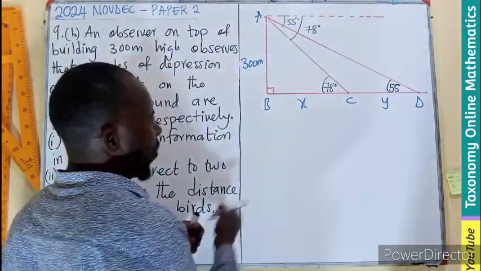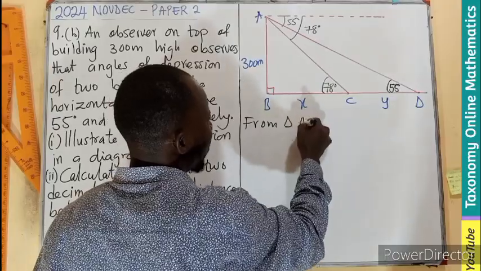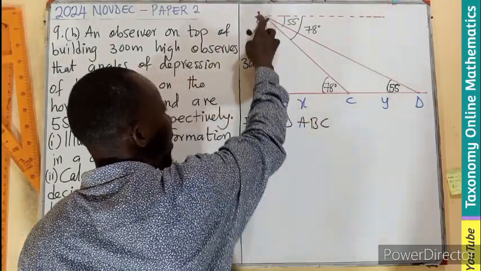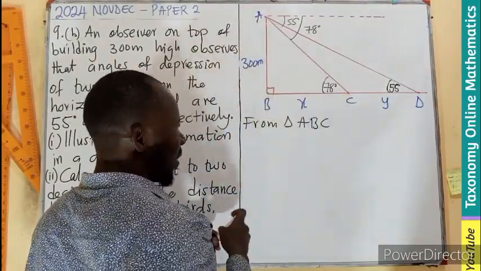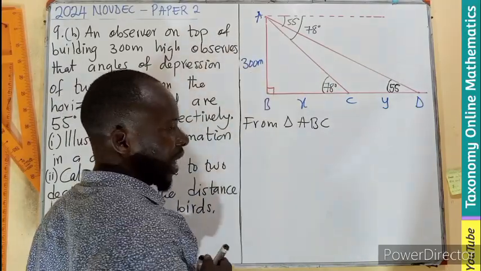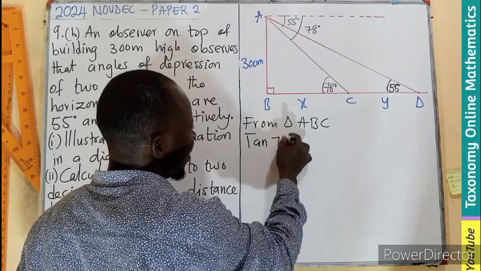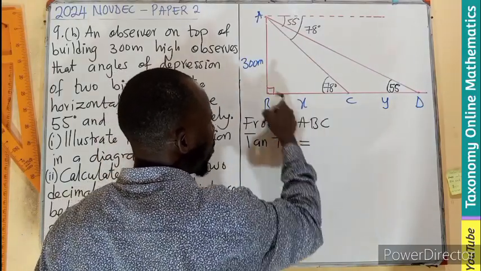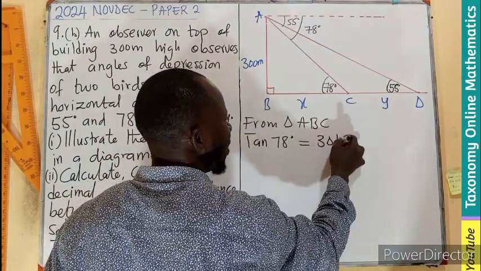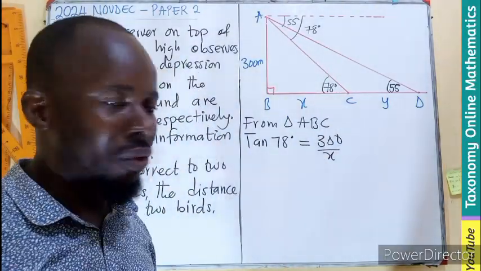Now, let's pick it one by one. From the triangle ABC, this is the angle facing here, with opposite and adjacent sides. So I can use tan, right? I should have tan 78 degrees equals the opposite side divided by the adjacent, using the trig ratios.